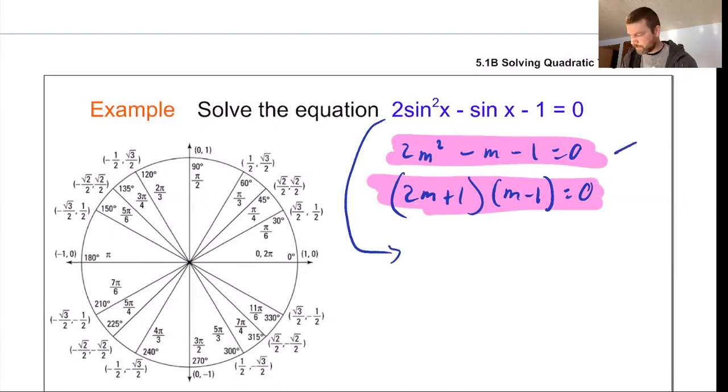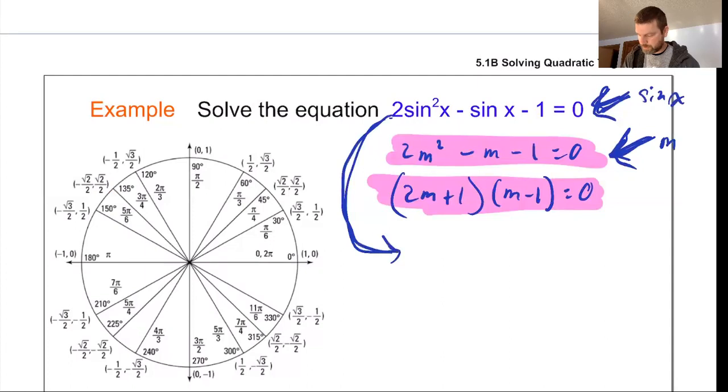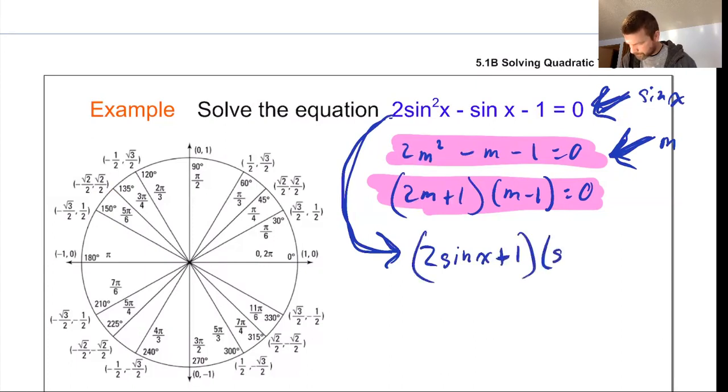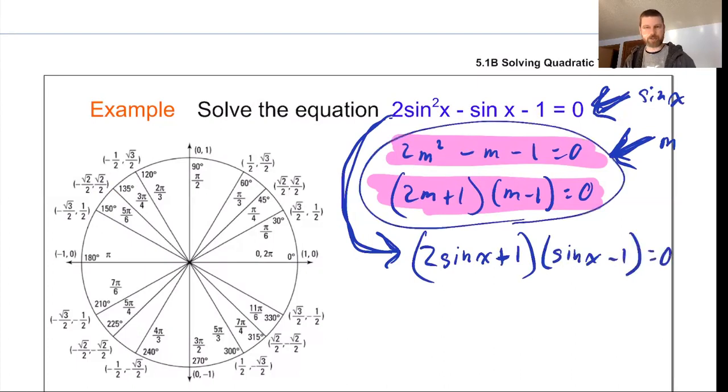The only difference between this one and that one is that with this one, my variable is m, and with that one, my variable is sine of x. So this one up here is going to factor into 2 sine of x plus 1 times sine of x minus 1, just the same as that one factored.